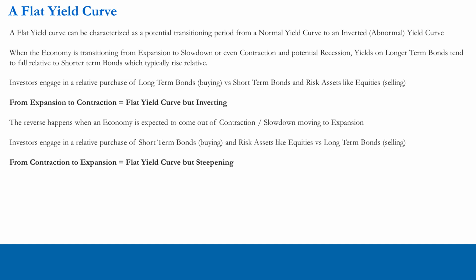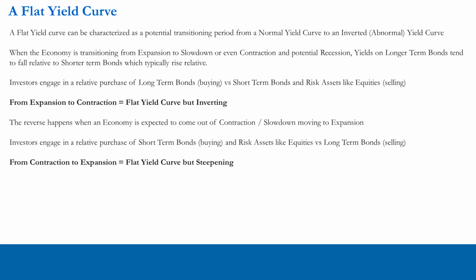Investors are purchasing long-term bonds relative to short-term bonds and risk assets like equities, which they're actually selling. So when we're transitioning from expansion to contraction, we have a flat yield curve, but it is in the process of inverting.